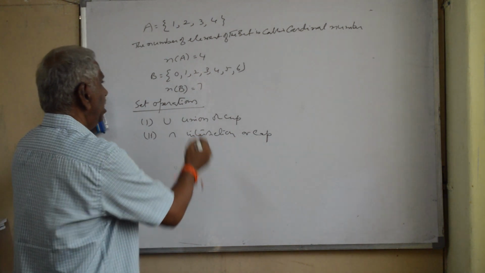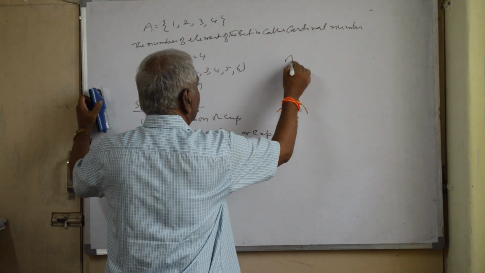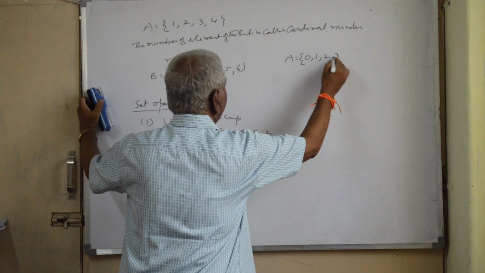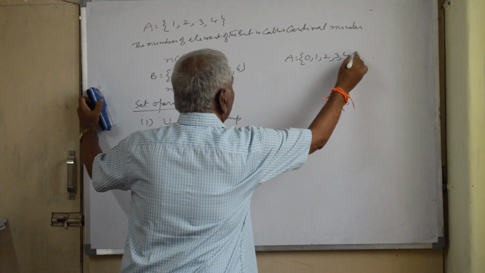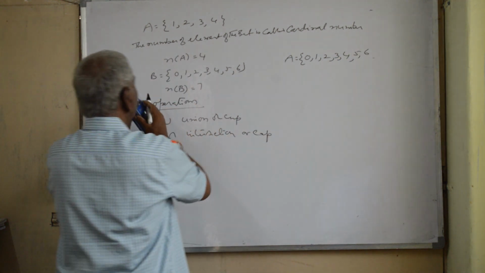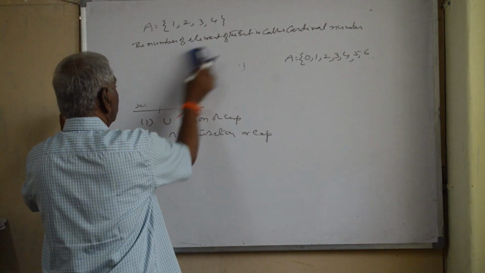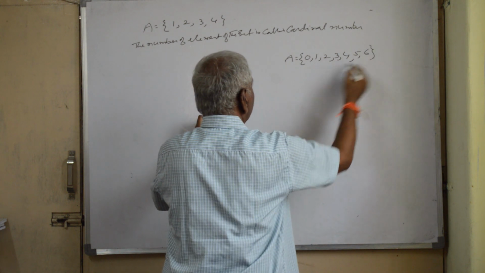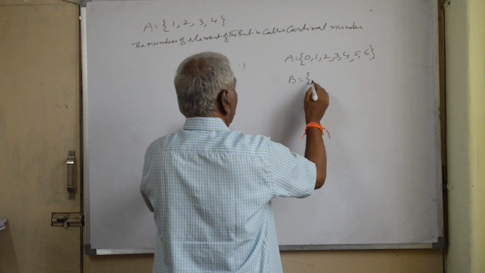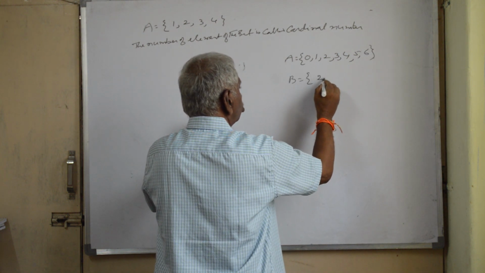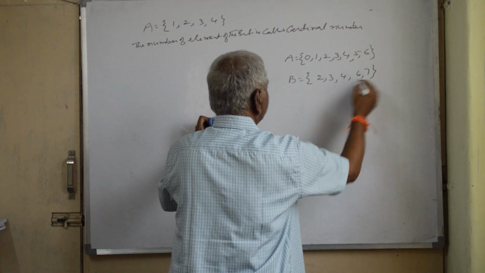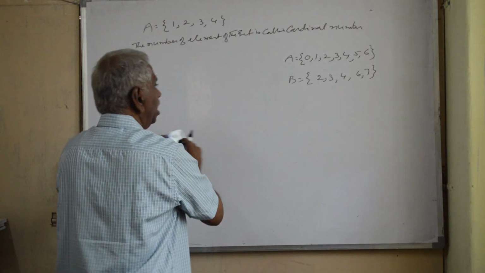Suppose you are taking the set A equal to 0, 1, 2, 3, 4, 5, 6 and B as 2, 3, 4, 6, 7. What is A union B?